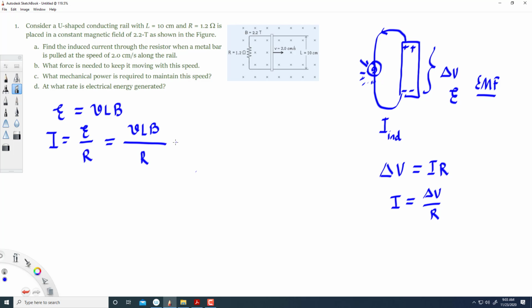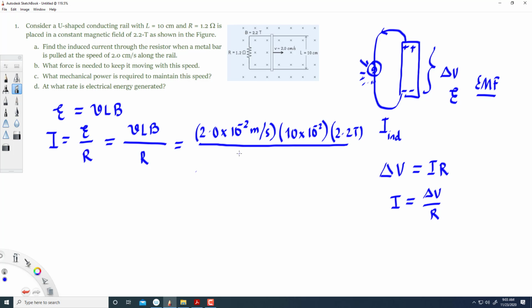Okay. So speed is 2 centimeters, 2 times 10 to the negative 2 meters per second. L is the length of the rod, which is 10 centimeters, 10 times 10 to the negative 2, or 0.1. Magnetic field is 2.2 Tesla, and R is the resistance, 1.2 ohms.